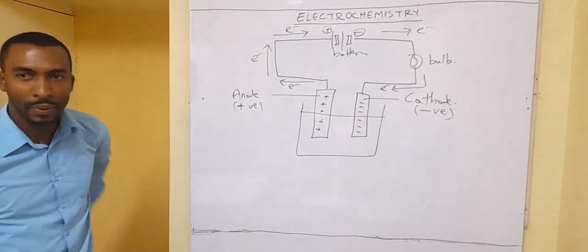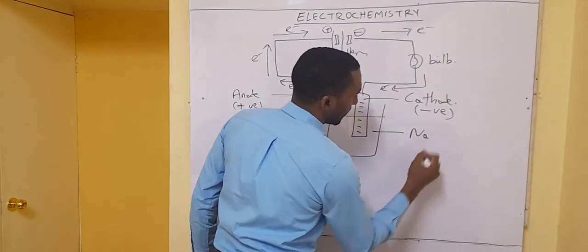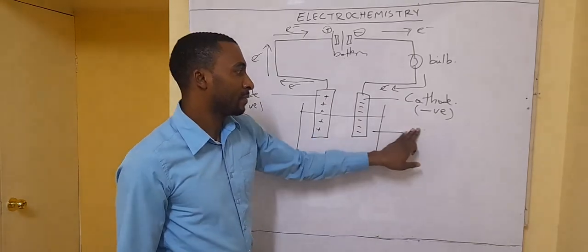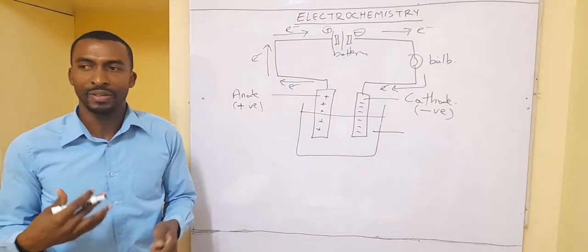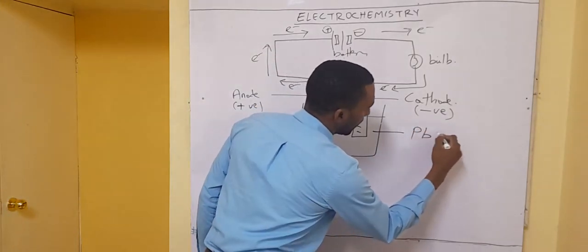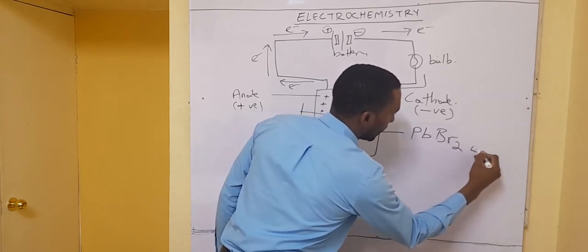Following? Now, say for example we use some table salt at home. Alright, let us use a molten solution first, right? Say for example we have lead bromide liquid.